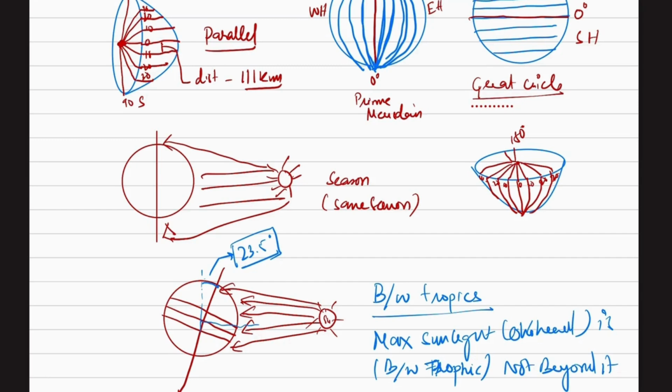These are not parallels, these are semicircles in nature. So the maximum distance between the two longitudes is at the equator, which is about 111.3 kilometers, and the lowest is at the poles, which is 0.